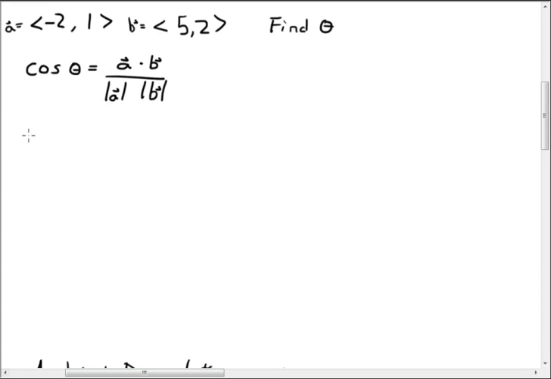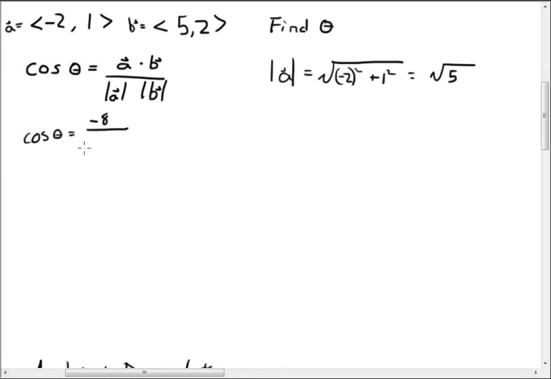So cosine of theta is equal to, the dot product would be -2 times 5 is -10 plus 1 times 2, that would be 2. So you have -8 over the magnitudes of A and B. The magnitude of A is equal to the square root of -2 squared plus 1 squared, which would be square root of 5.